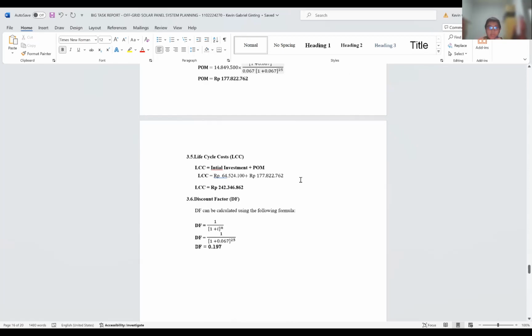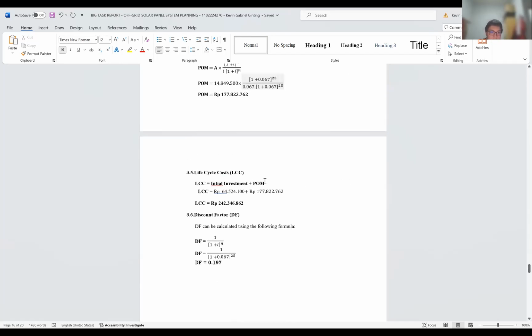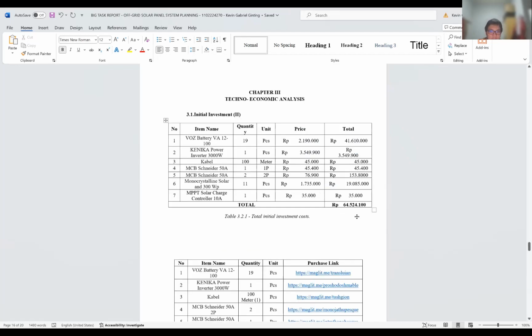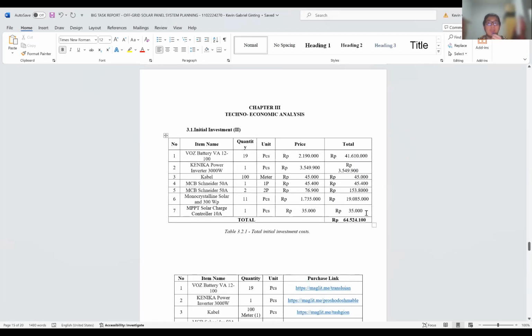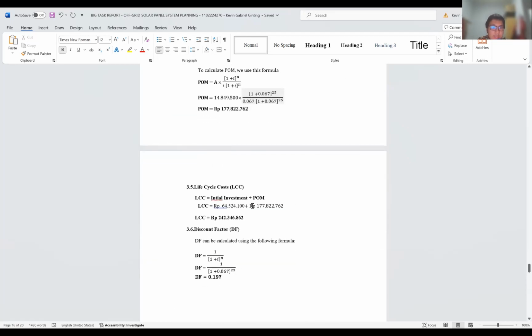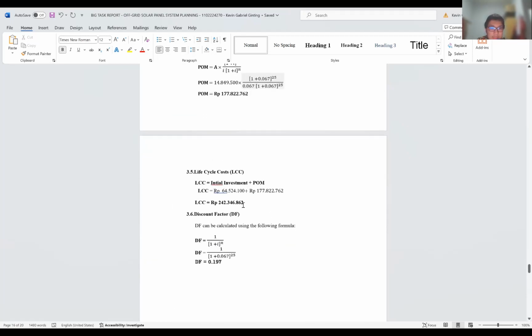After that, we have to know the life cycle cost with the formula: initial investment plus POM. The initial investment is the one that we already calculated, how much all of the components need to be paid, which is 46 million. So using this formula, we get the LCC, life cycle cost, at around 242 million.